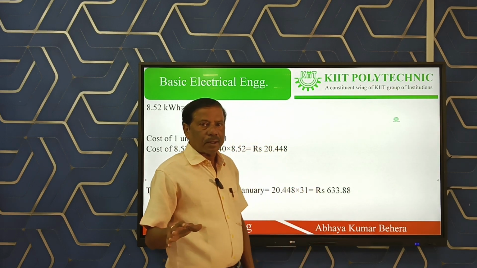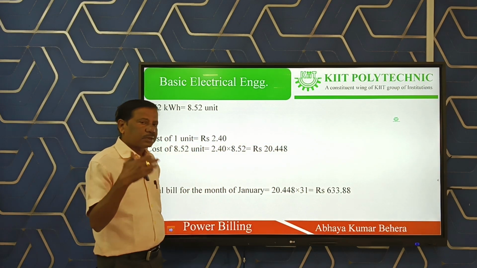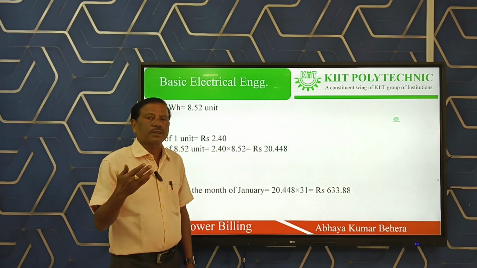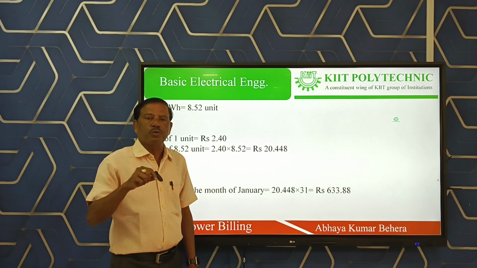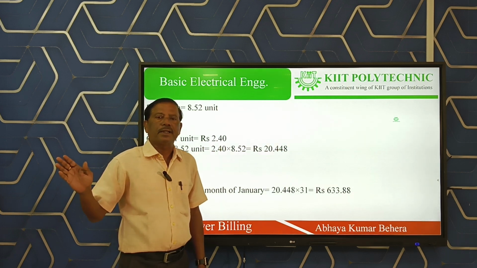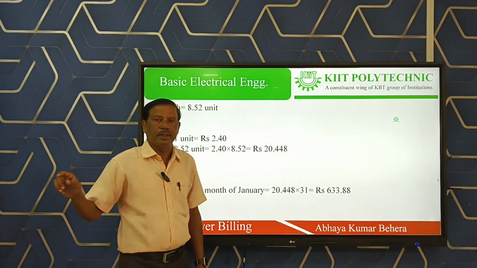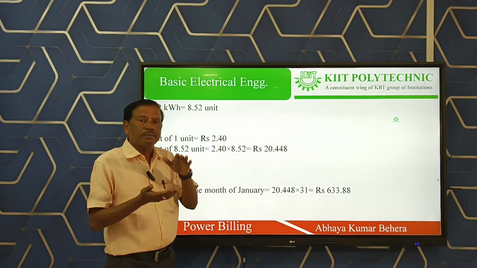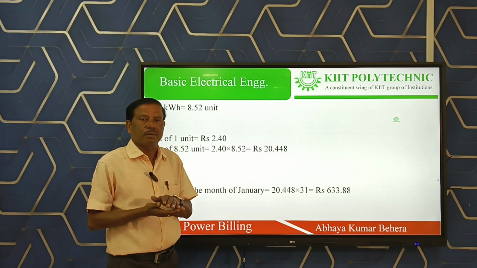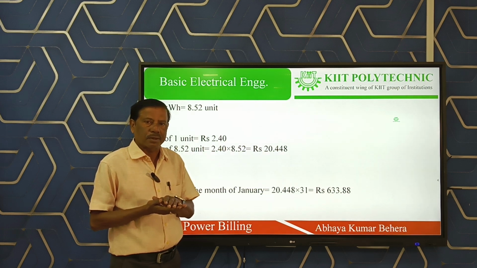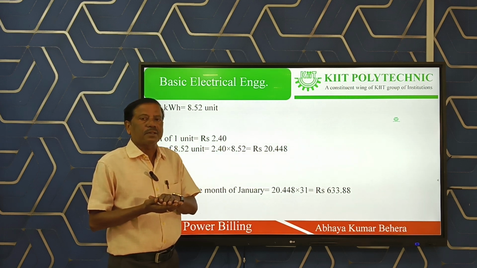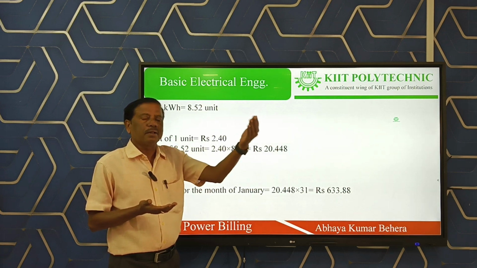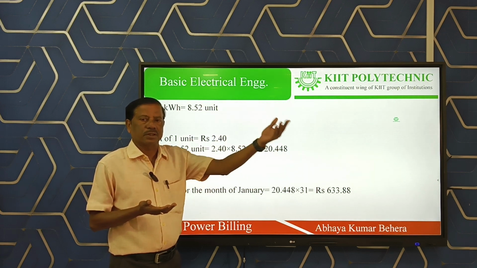So this is the normal calculation I have shown. Suppose in some other problem they may give the first 100 units at 2 rupees, and the rest of the units at 5 rupees. So first we have to calculate the total number of units consumed in that particular month. From that month, we take the first 50 units, if it is given at the rate 2 rupees, and calculate how much cost it is.